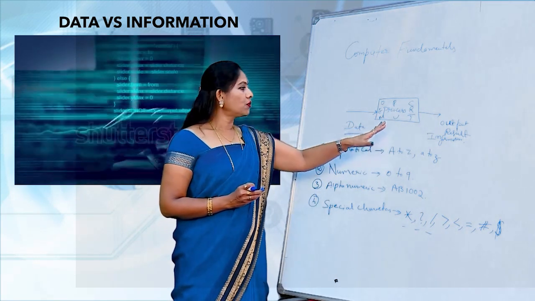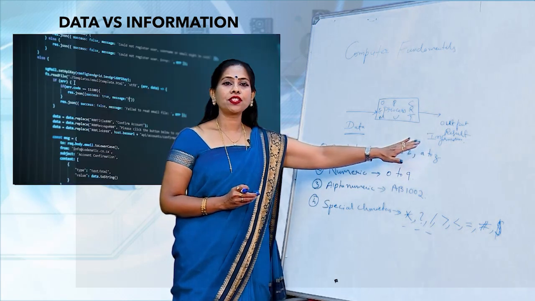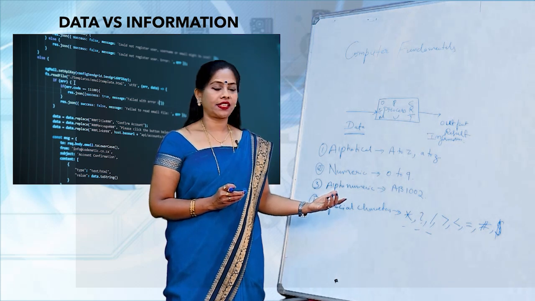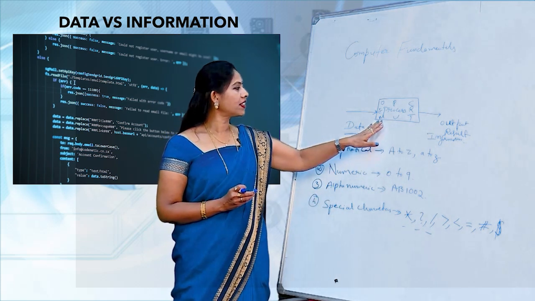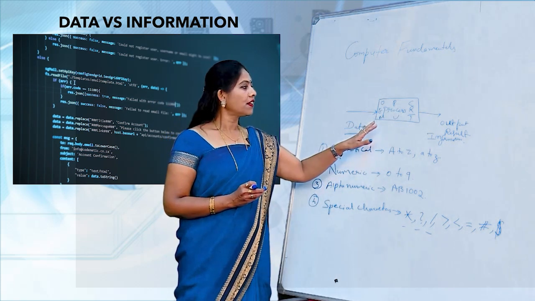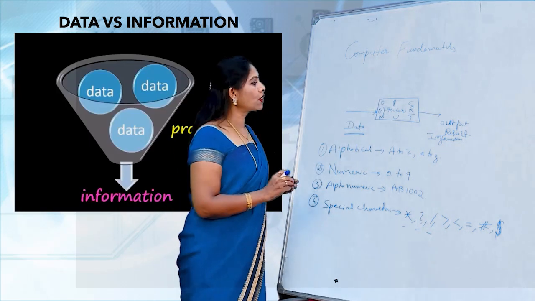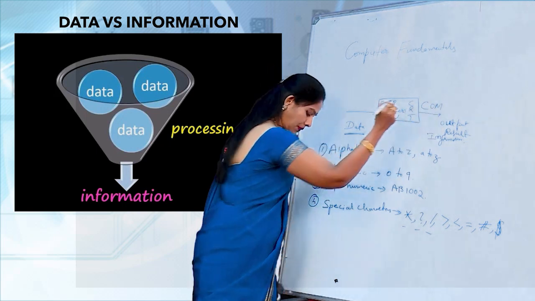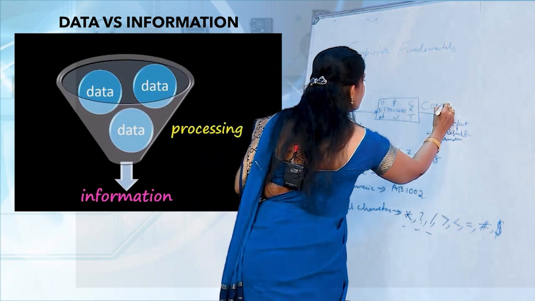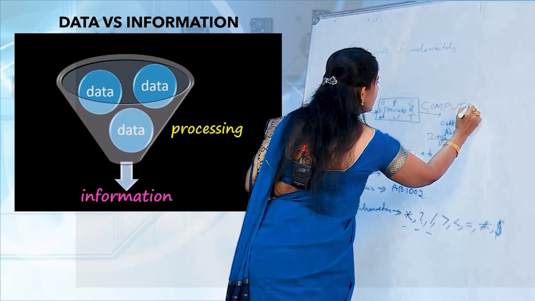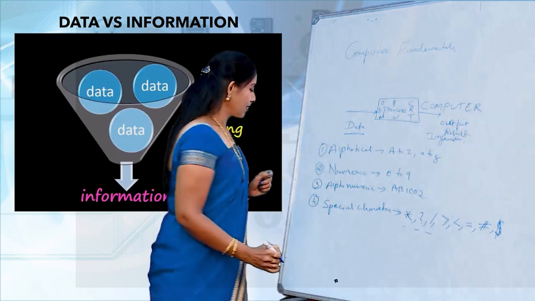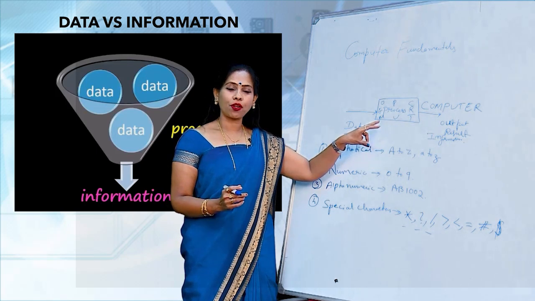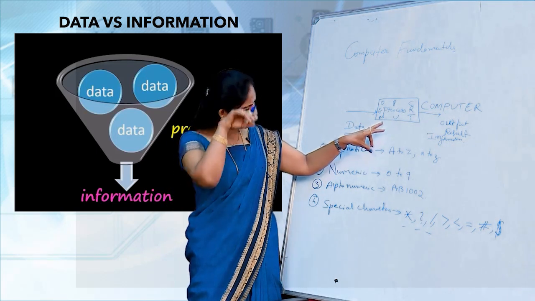Then what is information? Information is nothing but processed data. Why do you call it processed data? Can you observe here? I have written some characters here. When it is processed, the output will be like this: Computer. Inside the computer it is processed.